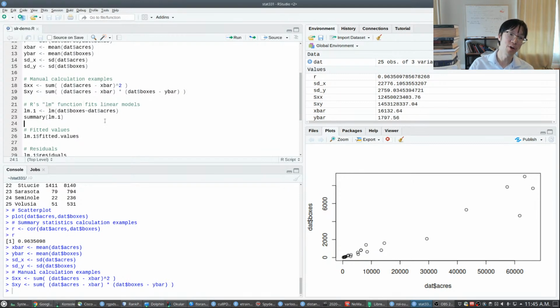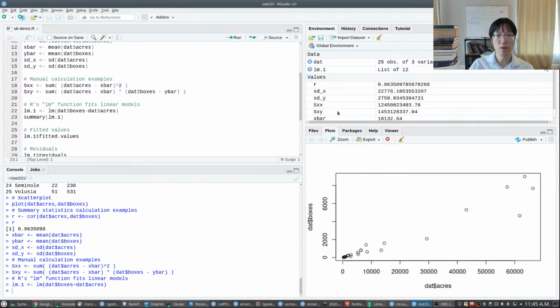So you put the y variable, then the tilde, and then the formula for the right-hand side. In this case, there's only one x variable, so it's just y tilde x. Our y variable is number of boxes, and x, the independent variable, is the number of acres. What I've done here is assign the output of this command and store it in a variable so that I can reference it later. I just called it lm.1, call it whatever we like.